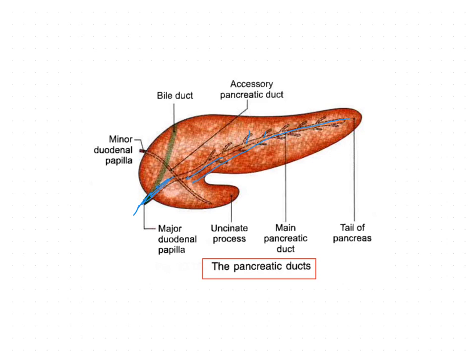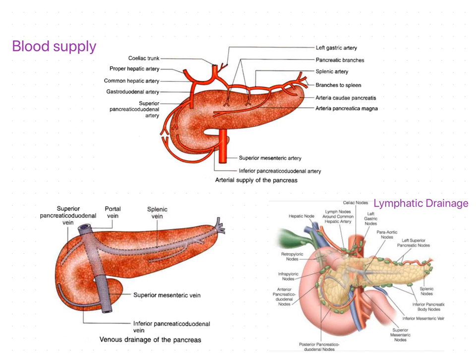If we see the blood supply, the pancreas is mainly supplied by branches of the inferior pancreaticoduodenal artery, that is one. Another one is the superior pancreaticoduodenal artery.